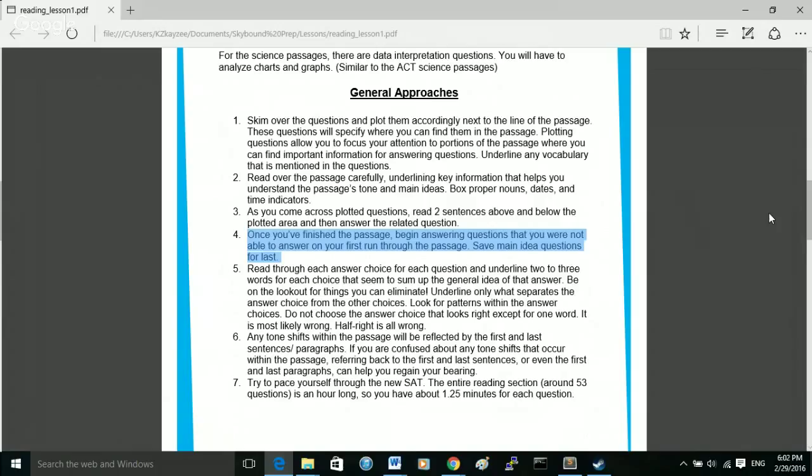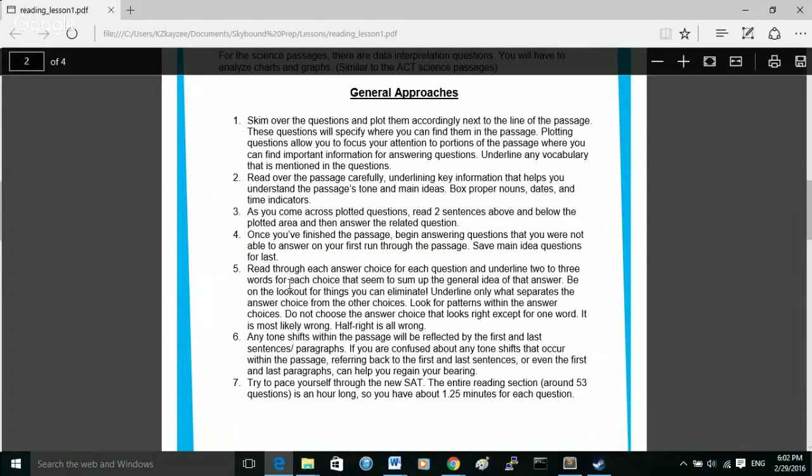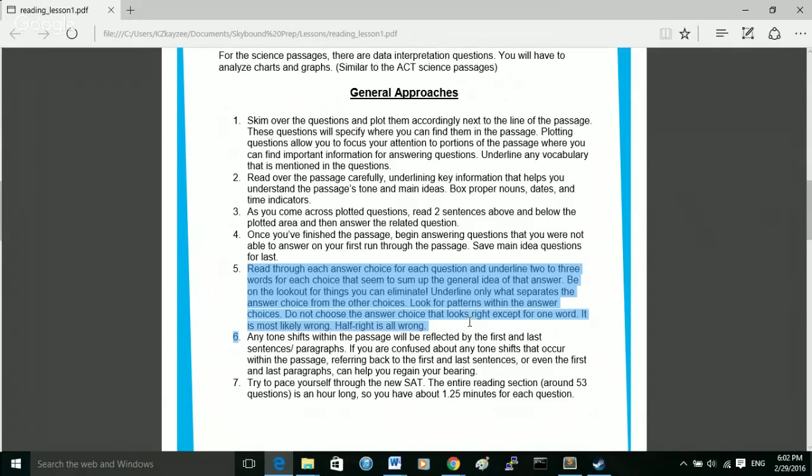You would also like to read through each answer choice to each question and underline 2 or 3 words to sum up the general idea of the answer by underlining these key words. And be on the lookout for things that you can eliminate for each answer choice.